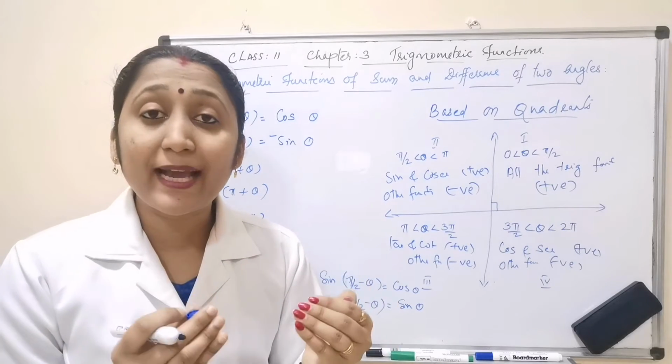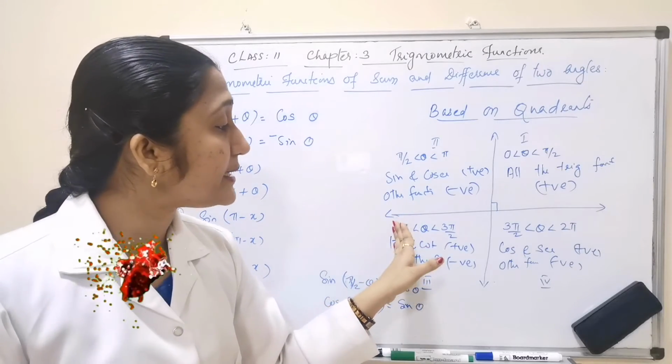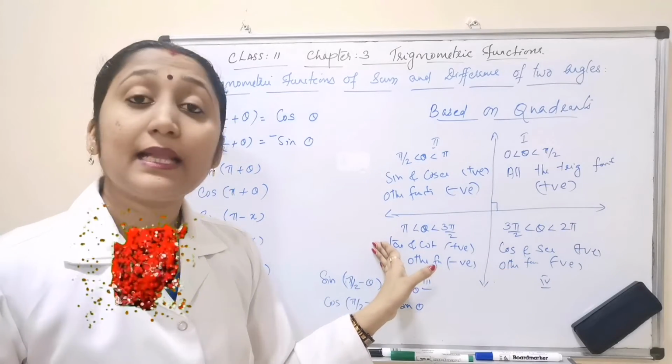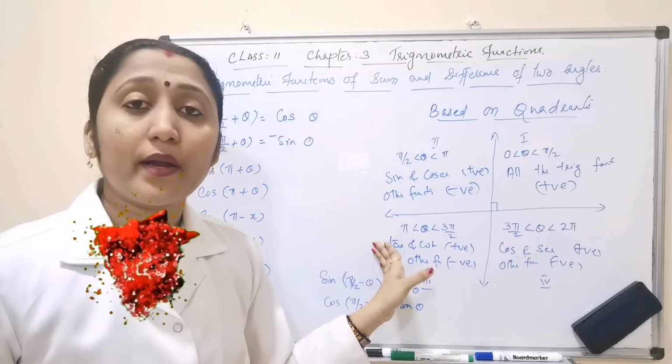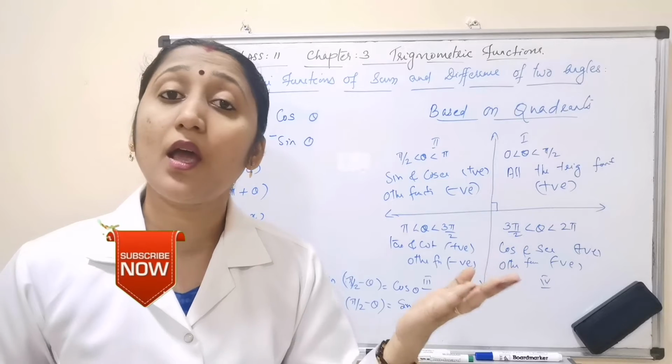Next, pi plus theta. What is pi? 180 degrees. So 180 plus theta lies in the third quadrant. In the third quadrant, only tan and cot will be positive, so the sin and cos values are negative.